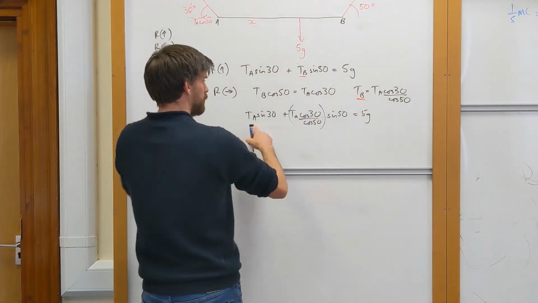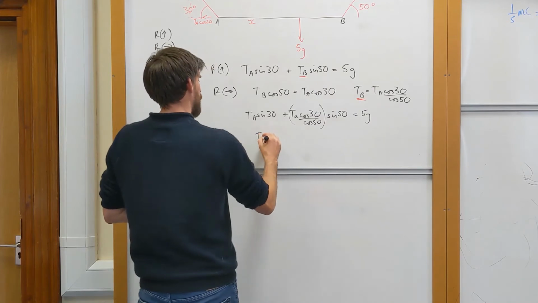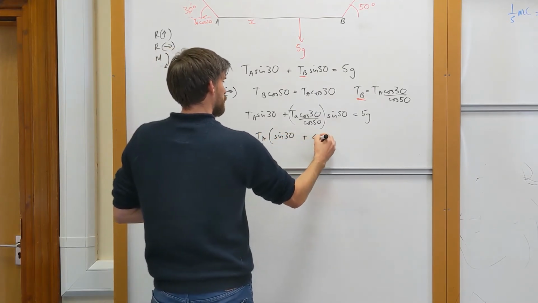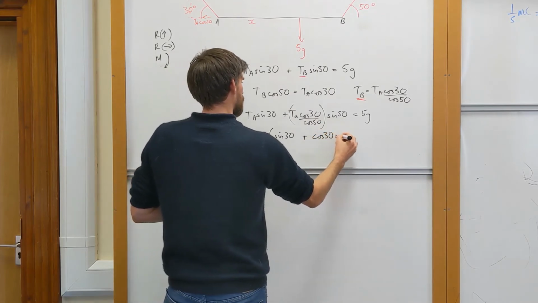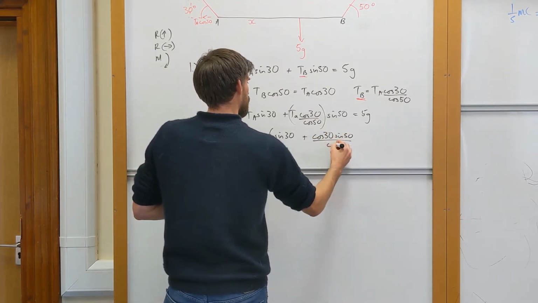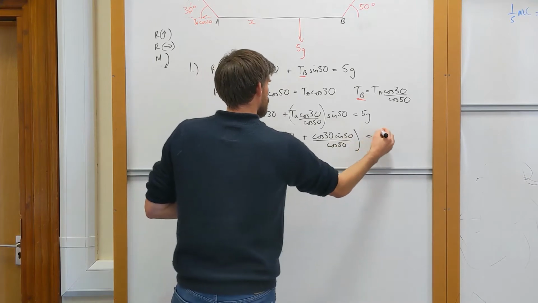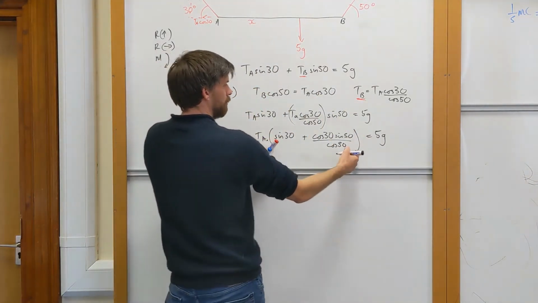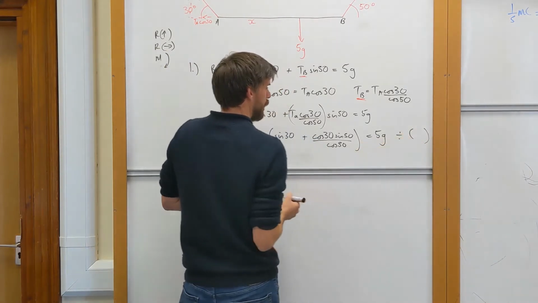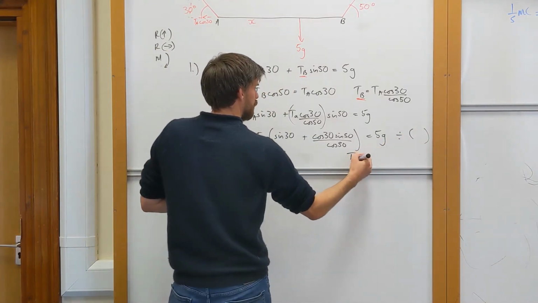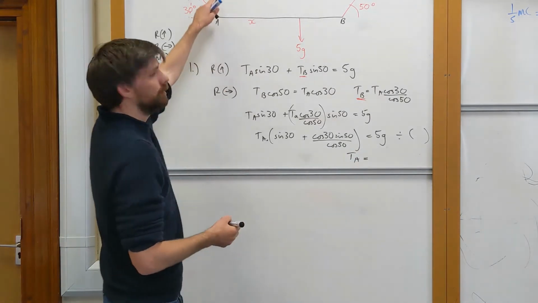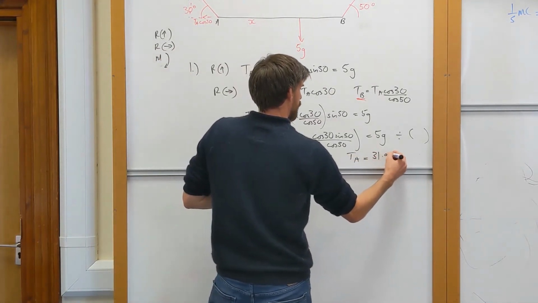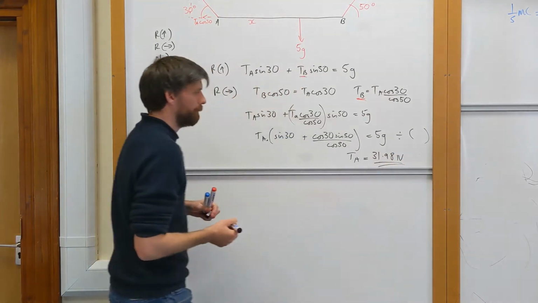So if we solve this, TA brackets sine 30 plus cos 30 sine 50 over cos 50 is equal to 5G. Divide through by the bracket, and we'll find that the tension at A is 31.98 newtons.